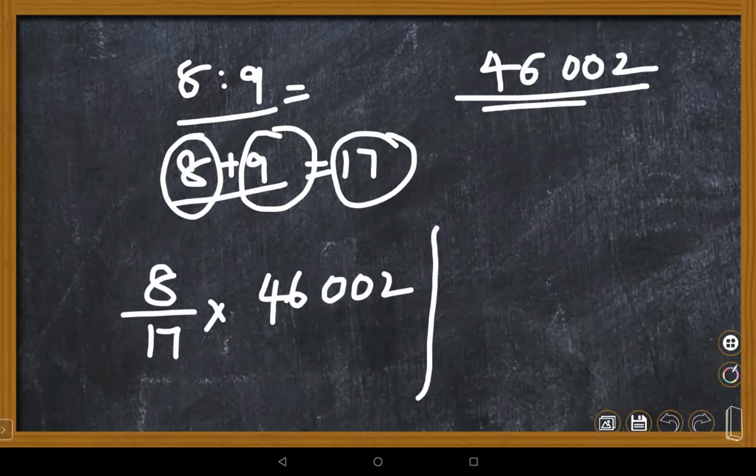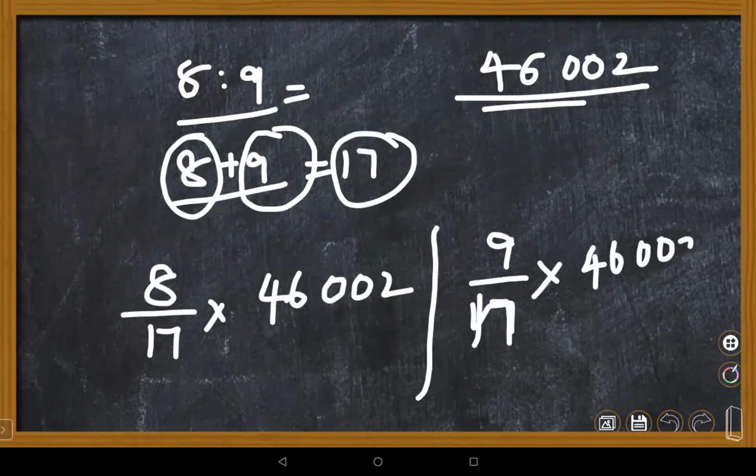This is about Ritvik. And about Raghav, 9 by 17 into 46,000. Sorry, 46,002. You need to simplify. If you know tables quickly, you can get fast answers.